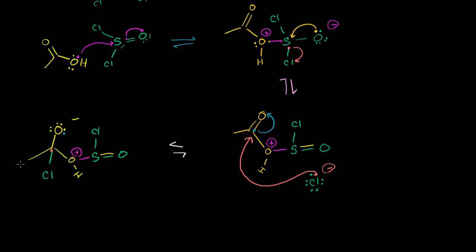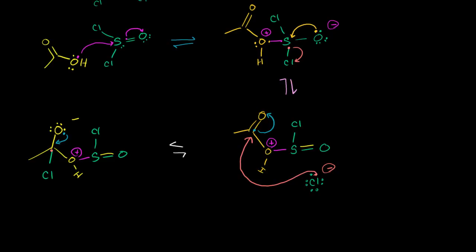Now, the next step that could happen, once again, all of these can go in either direction, is that this guy doesn't like having a negative charge. And this guy is still going to have a partially positive charge because he's bonded to a bunch of more electronegative atoms than itself. So he wants to reform the double bond, and that kicks off all of this business over here.